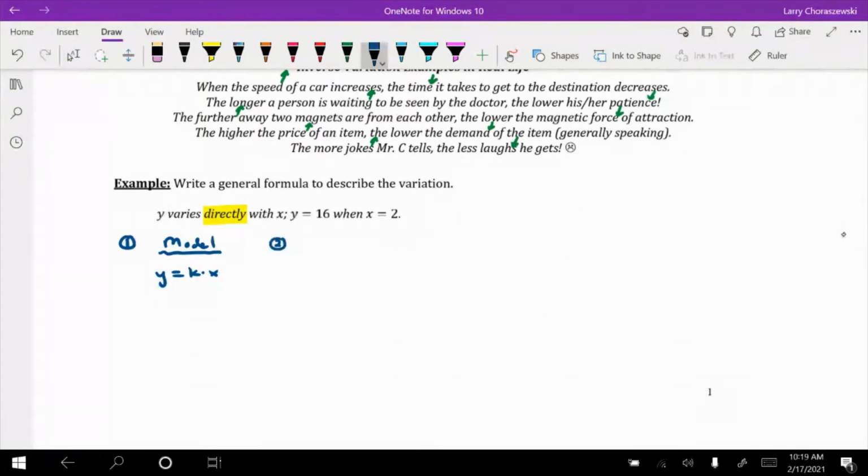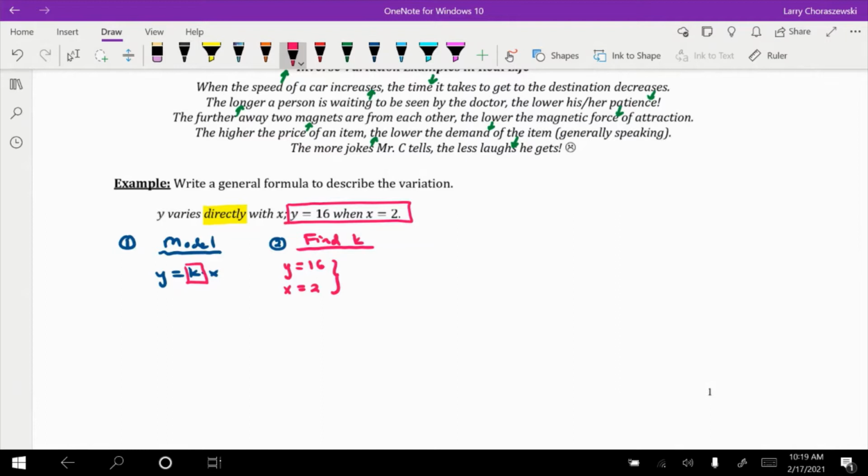That takes us to the second step, where we want to find k. The reason for doing that is so that we can get a more specific model, namely one that would help us get a y value of 16 when x is equal to 2. Using these two pieces of information can help us find k. I'm going to list those out: y equals 16 when x is equal to 2.